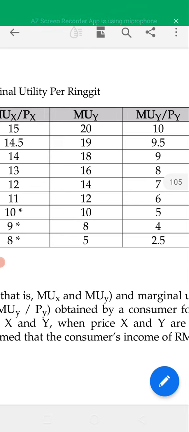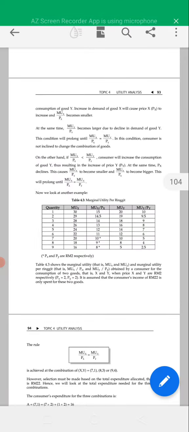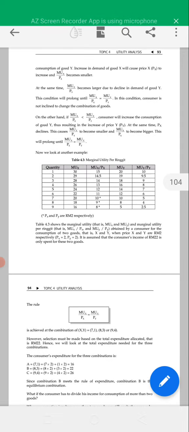Now you look for the bundle which is going to satisfy what is called the expenditure rule. Remember we said that the bundle must be on the budget line, meaning the consumer must spend all their income. Now I want to take you back to the budget line.